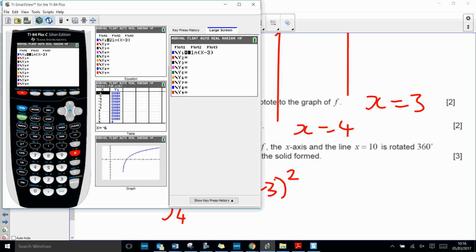All we have to do is stick a bracket in here. This is one option. Let's square it, and we can calculate the integral.